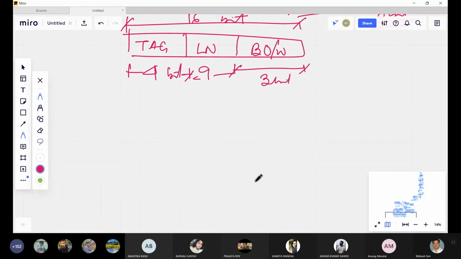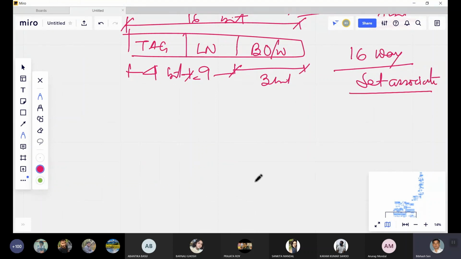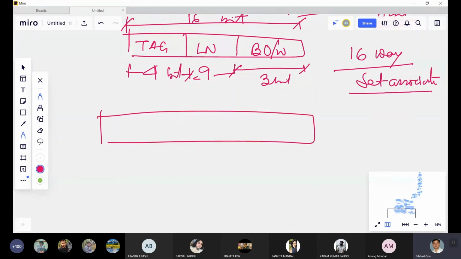Suppose 16-way set associative. Only Ankita and Abha and another girl, what's the name of the girl? Anshika. You 3 people tell me what will happen.